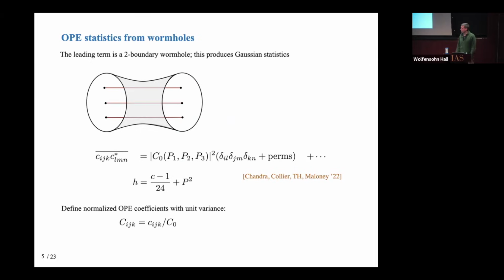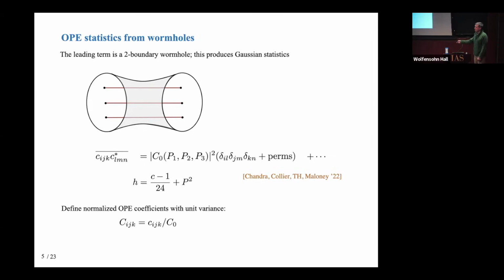So the picture here represents a solution of AdS3 gravity in Euclidean signature with 2 asymptotic boundaries. This is one copy of the CFT with 3 operators inserted. This is a second copy of the CFT with 3 operators inserted. By the usual dictionary, this calculates a product of 3-point functions. And with the interpretation that the wormhole is calculating the connected contribution to an ensemble average, this tells us the variance of the ensemble.